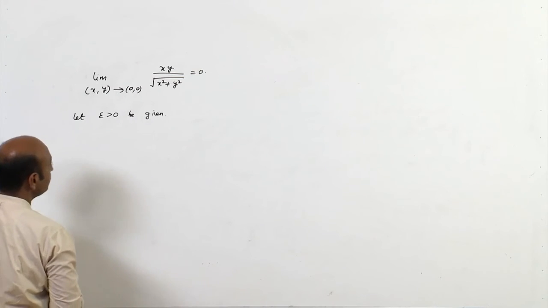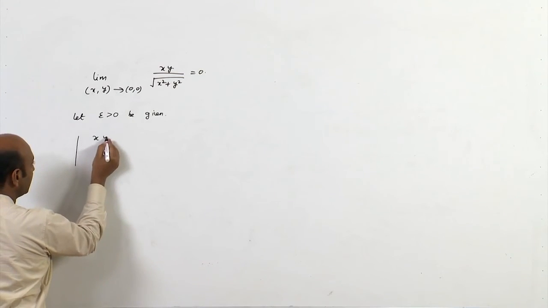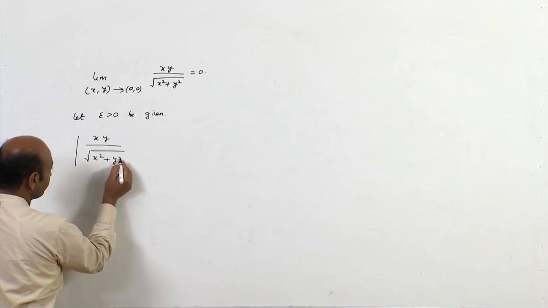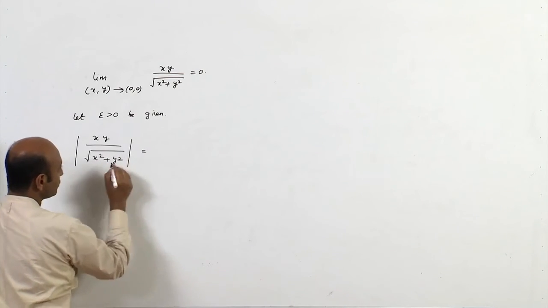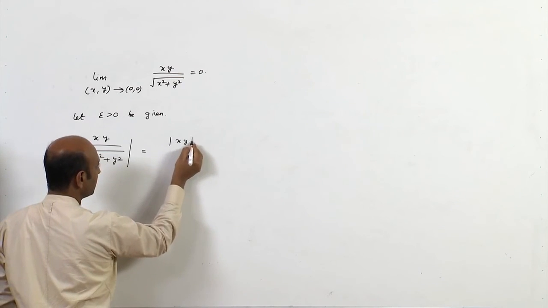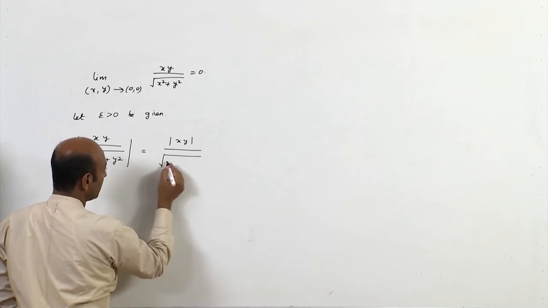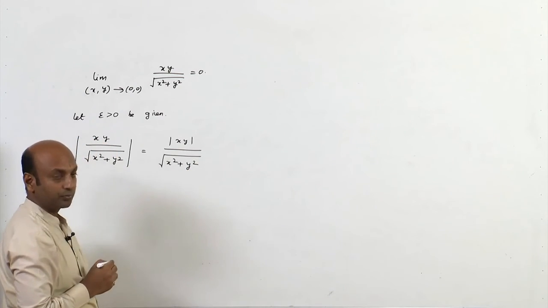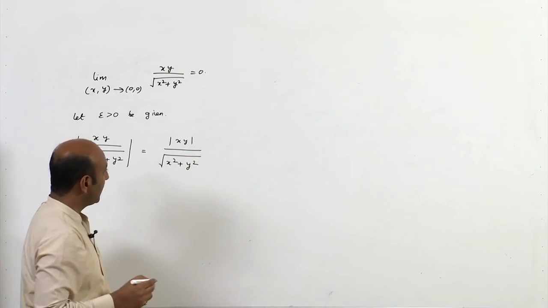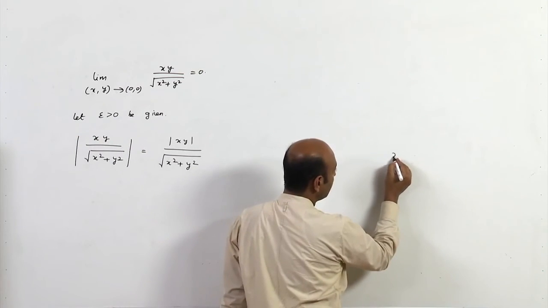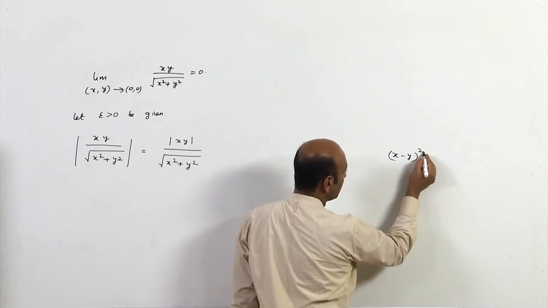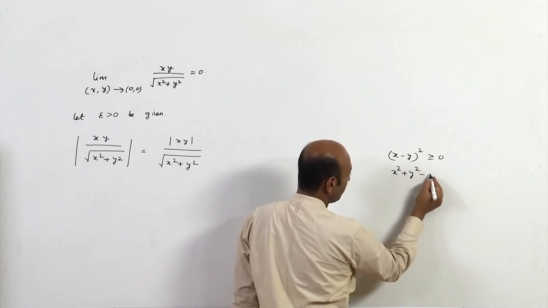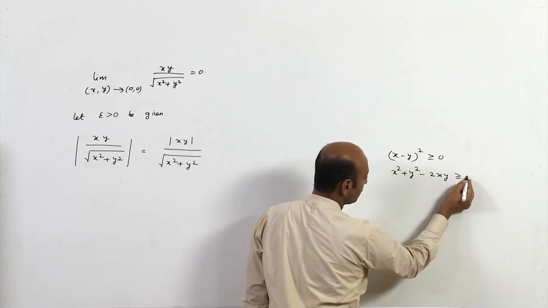Now you take xy upon under root x square plus y square. So this is equal to mod of xy upon under root x square plus y square. Now we know that (x minus y) whole square is always greater than or equal to 0. So x square plus y square minus 2xy is always greater than or equal to 0.